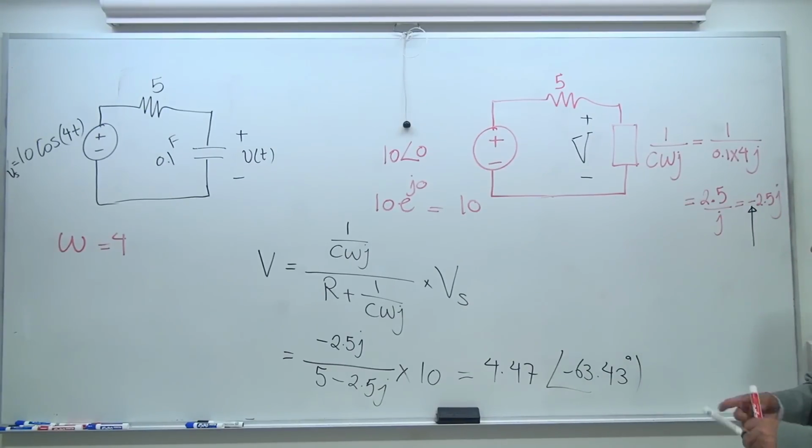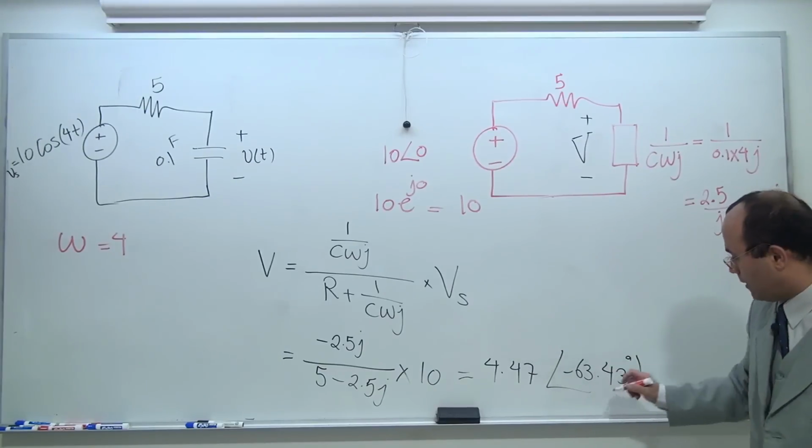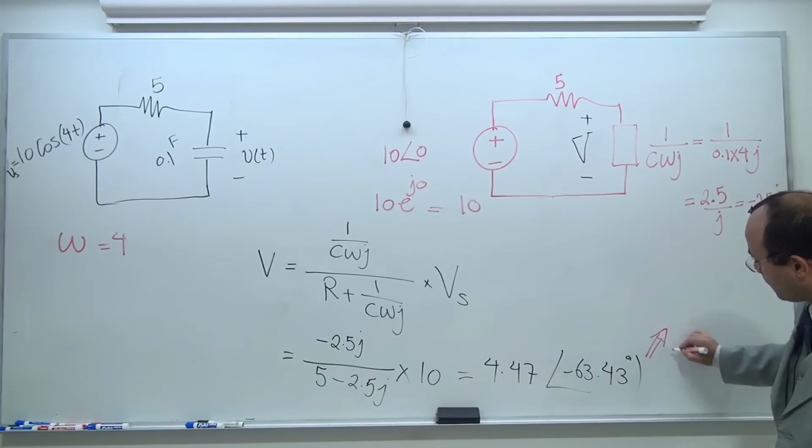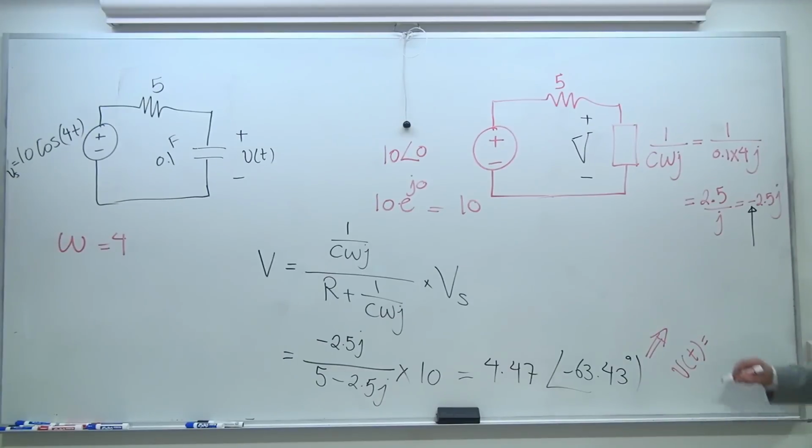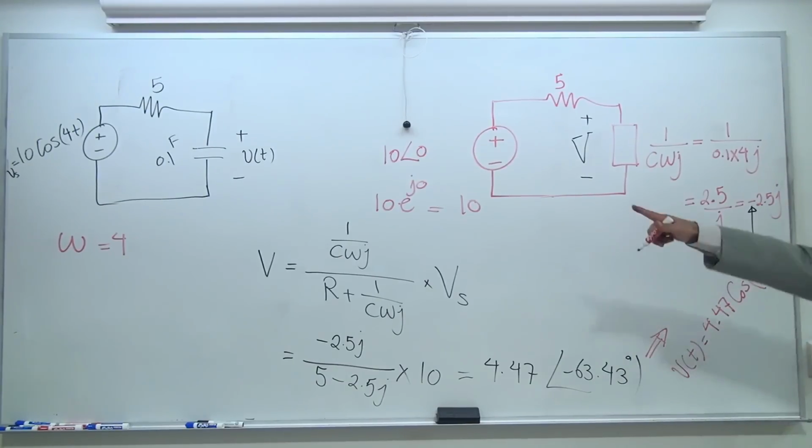I want to take this V into the time domain response. V of t is equal to, amplitude is 4.47. It's definitely cosine because I'm assuming everything is in cosine. My omega is 4, so I'm going to have omega t, and then of course I'm going to have the angle, so it's minus 63.43 degrees.